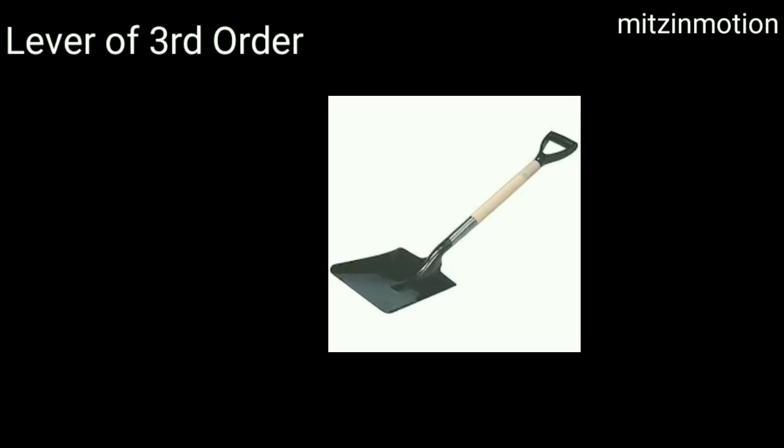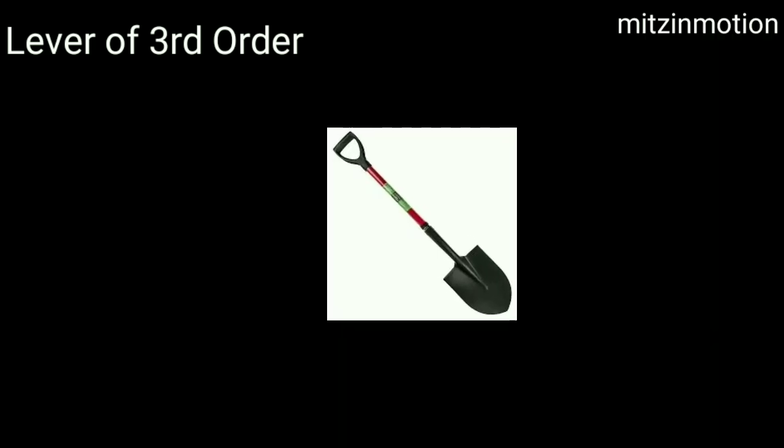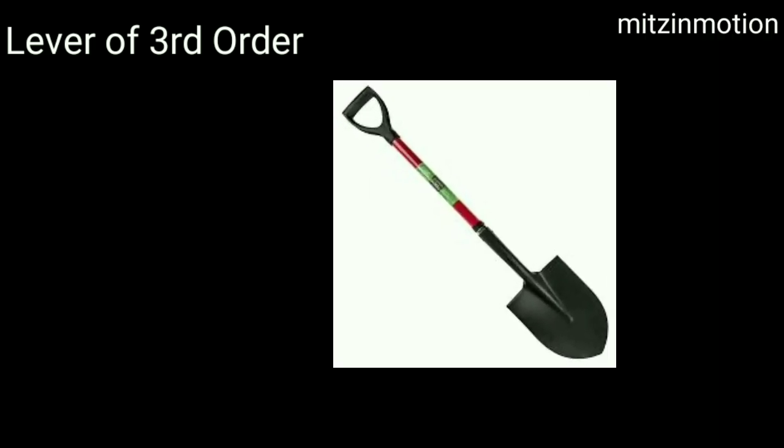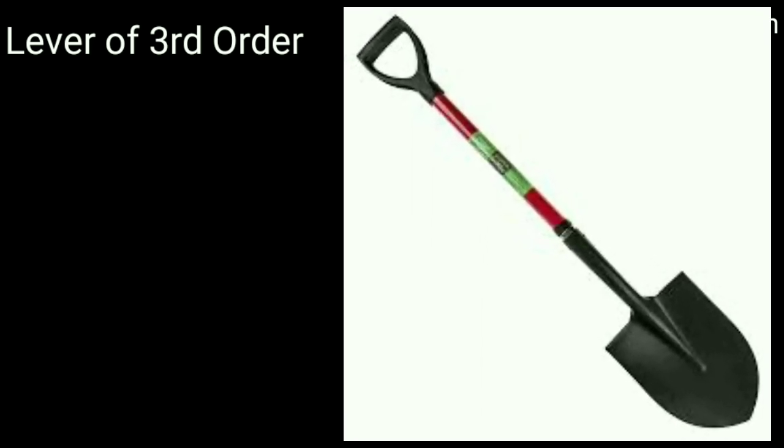Shovel is also an example of third order lever, because if you have seen a person using a shovel, you might have noticed that the person is applying the effort in the middle. So it's also an example of third order lever.